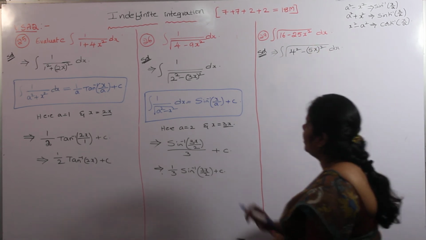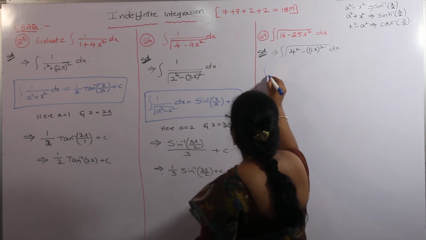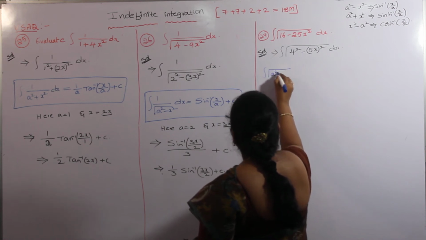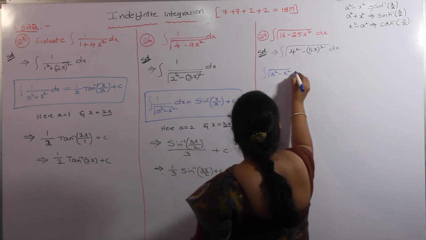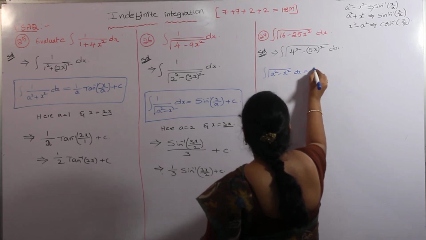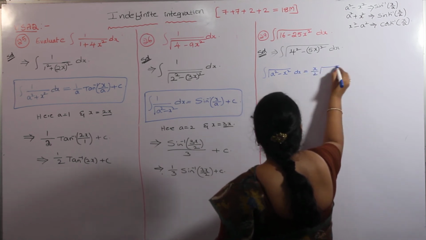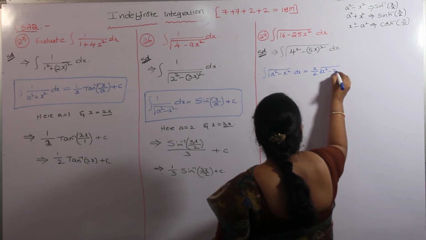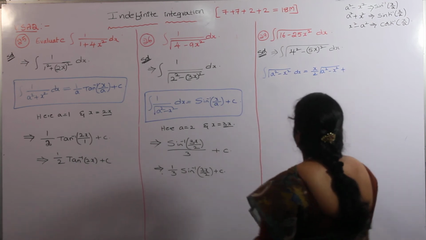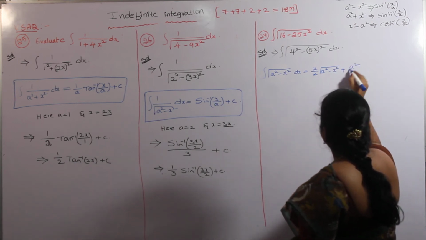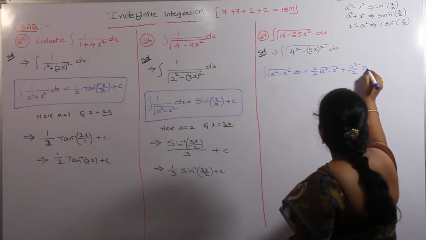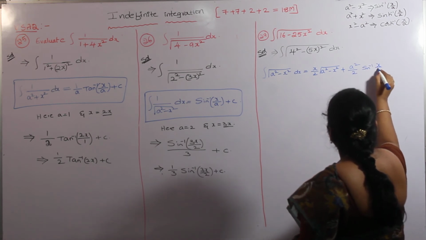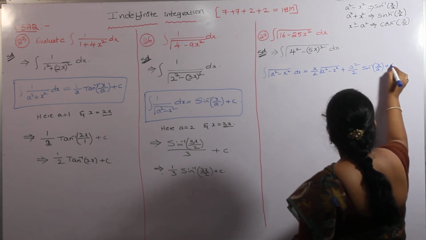Third set first formula. What is the third set first formula? Integral root over a square minus x square dx is equal to x by 2 root over a square minus x square plus a square by 2 into sine inverse x by a plus c.